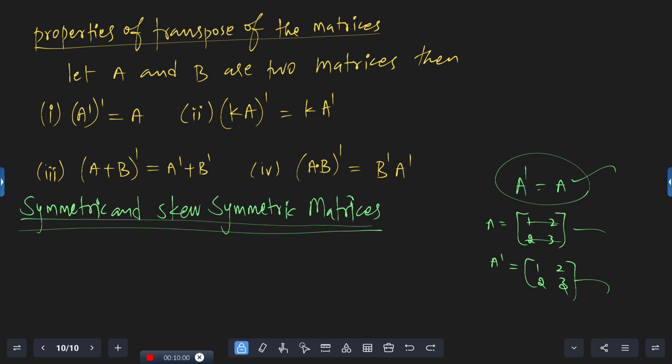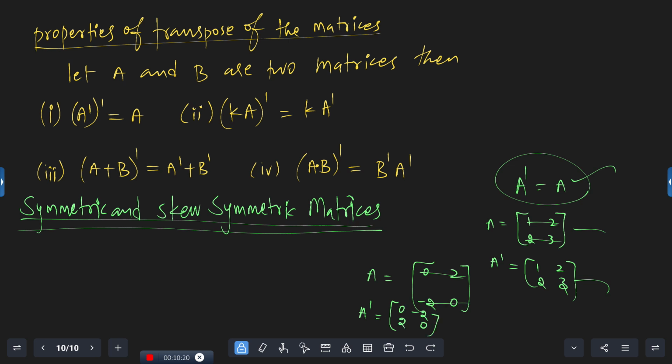Skew symmetric means what now? We have 0, 2, minus 2, 0, or anything like this. Suppose this is the A matrix. When you take the transpose, you write each row as a column.